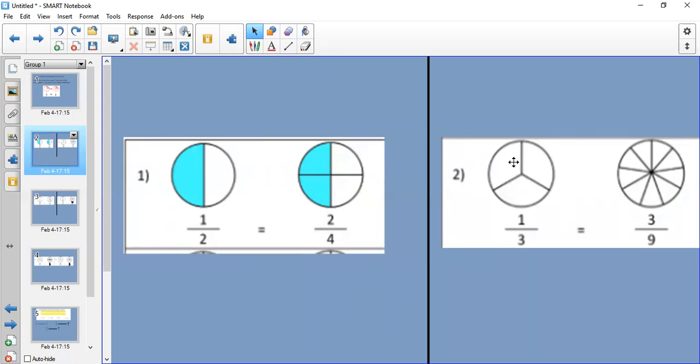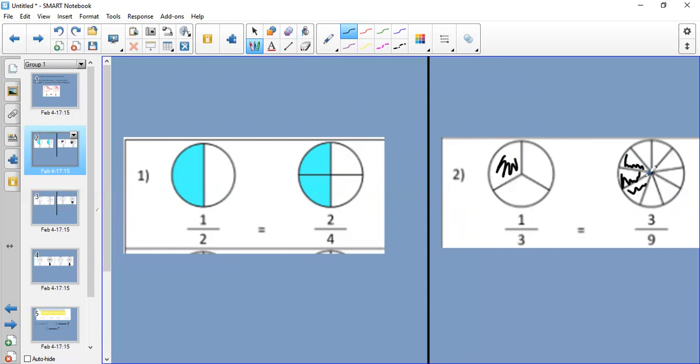Like this example, we've got a third. We've got a circle that is cut into 3 equal parts, a third. And we've got a circle that's cut into 9 equal parts, 3/9. Okay, so let's color in 1/3. There's 1/3 colored in. And let's color in 3/9. 1, 2, 3.